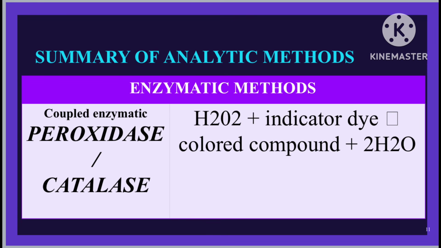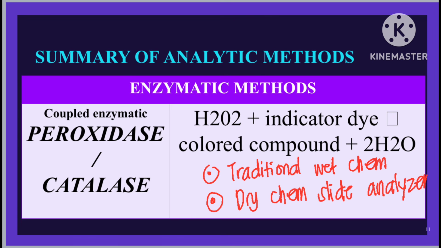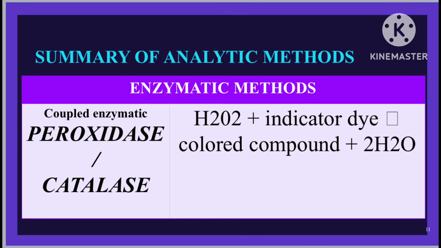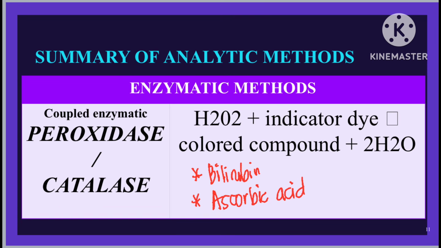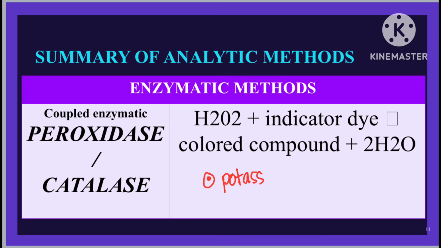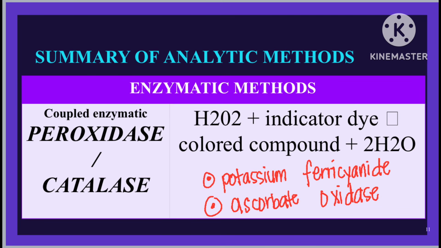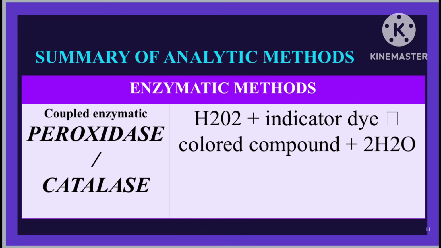Enzymatic methods, class, especially of this kind, have been adapted for use on traditional wet chemistry analyzers in the laboratory as well as for dry chemistry slide analyzers. However, if bilirubin and ascorbic acid, which destroys peroxide, are present in your sample in sufficient quantity, these substances could interfere with the reaction. That's why commercial reagent preparations often include potassium ferricyanide and ascorbate oxidase to minimize these interferences.